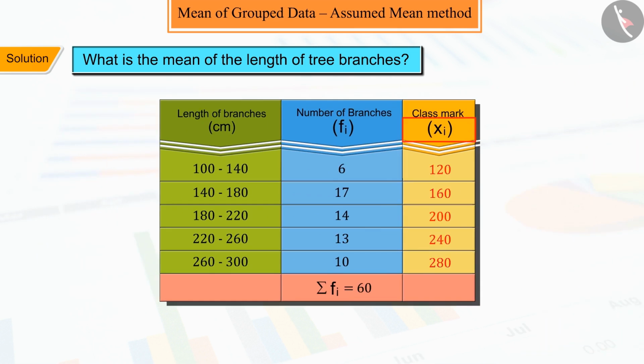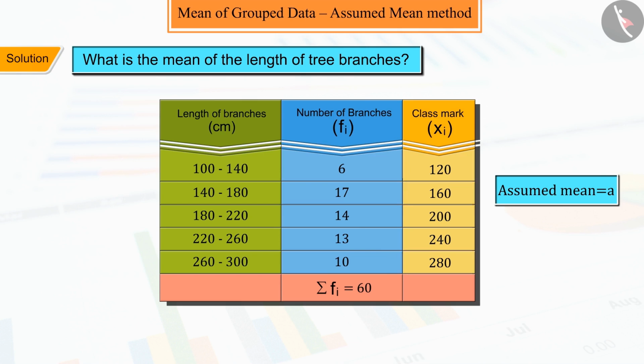So, from the xi obtained, any one of the xi can be chosen as the assumed mean, which we represent by a. But to further simplify our calculation, we can take an assumed mean a from xi, which comes somewhere between x1, x2 and xn.